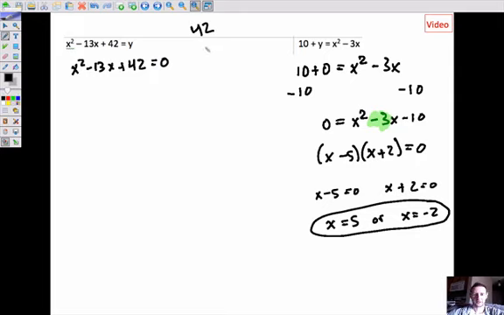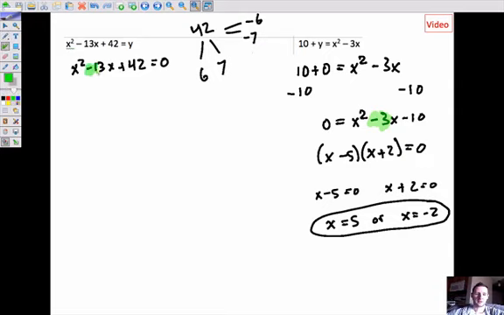We wrote them down earlier. We wrote down 1 and 42, 2 and 21, 6 and 7. Since this is a positive number, we could also have negative 6 and negative 7.